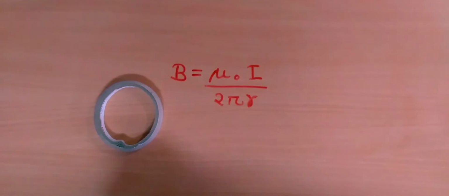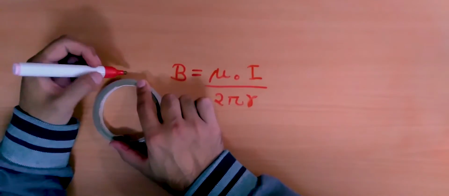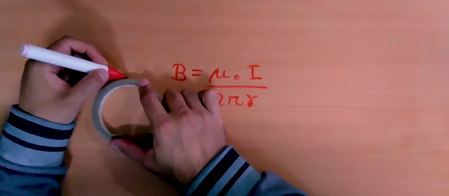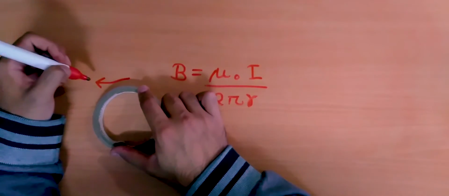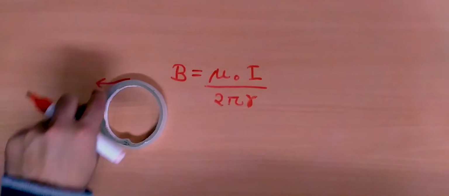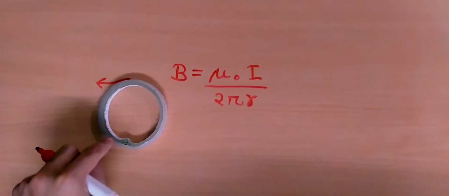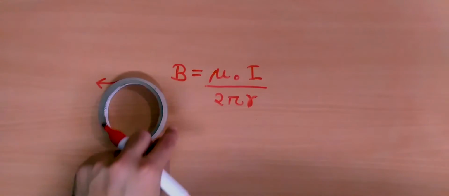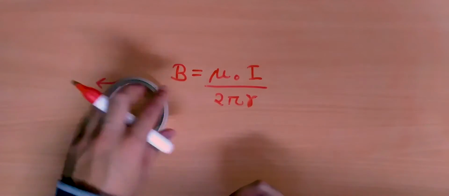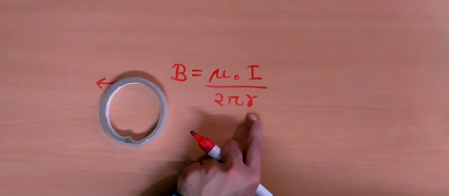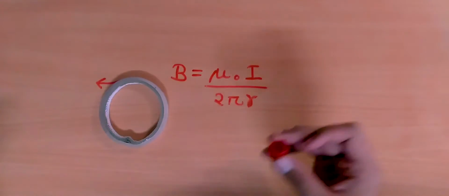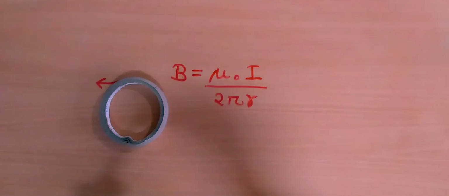And just to tell you, the magnetic field at all points along this loop would be obviously tangential, as happens with most other quantities. It will be tangential at every point, and the magnetic field depends only on the distance from the current carrying conductor and the current in the wire. The rest everything else is constant for a given medium.